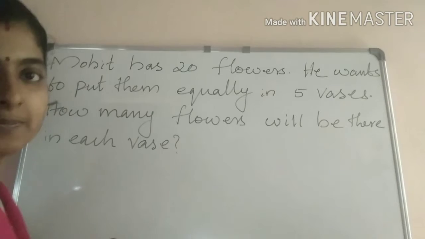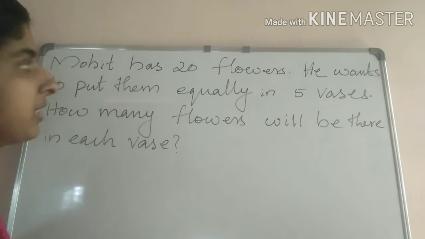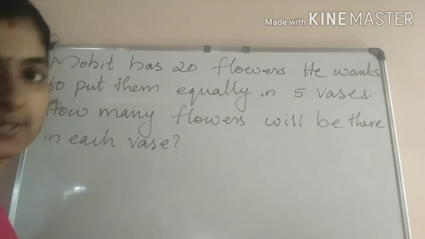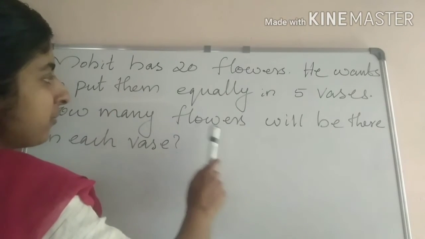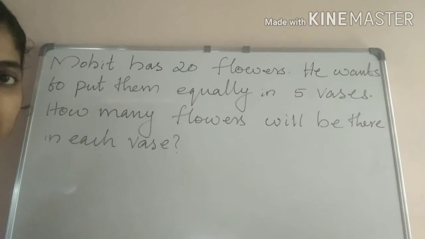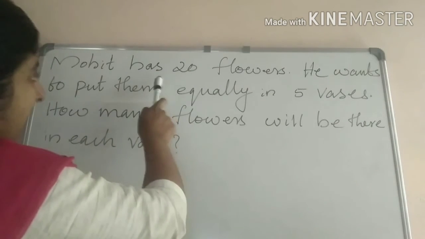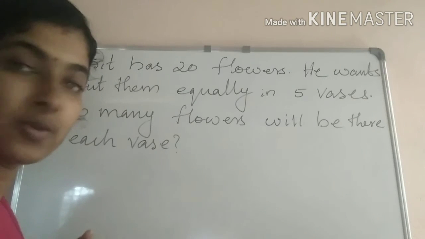See the question. Mohit has 20 flowers. He wants to put them equally in 5 vases. Then how many flowers will be there in each vase? What's the meaning of this question? Mohit has how many flowers? 20 flowers.